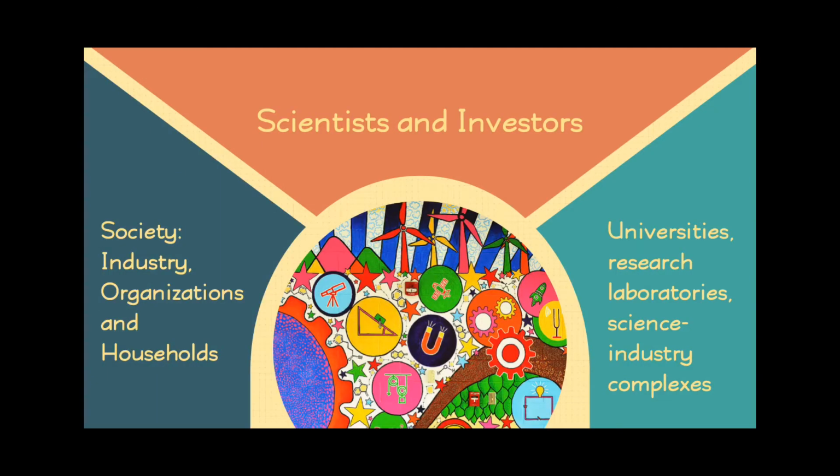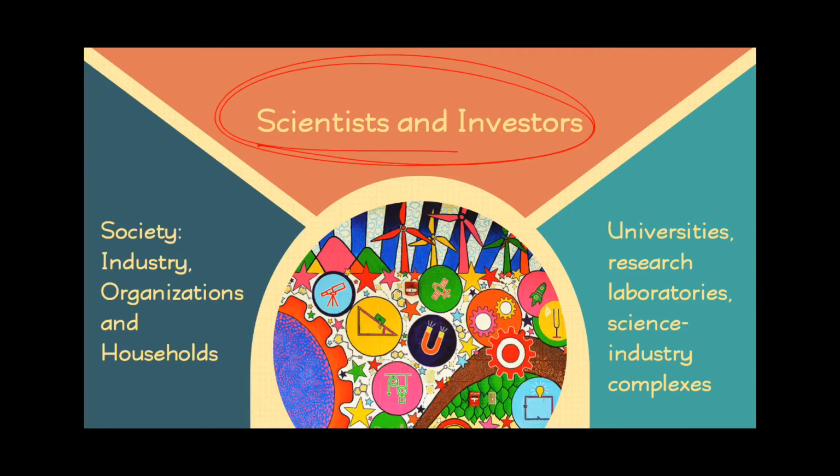So, who are the actors and the institutions that influence how the science and technology is produced, consumed, and reproduced in a society? Of course, we have the scientists and the inventors who do the science, who create technological innovations.